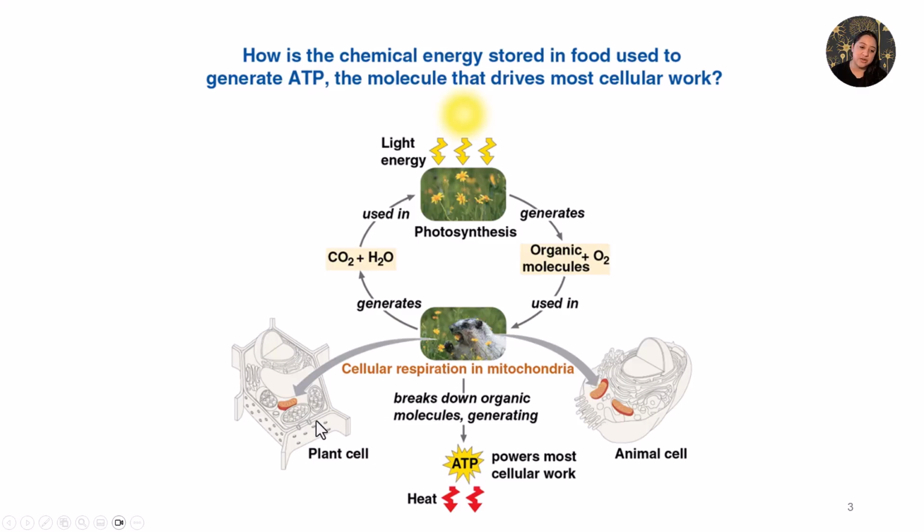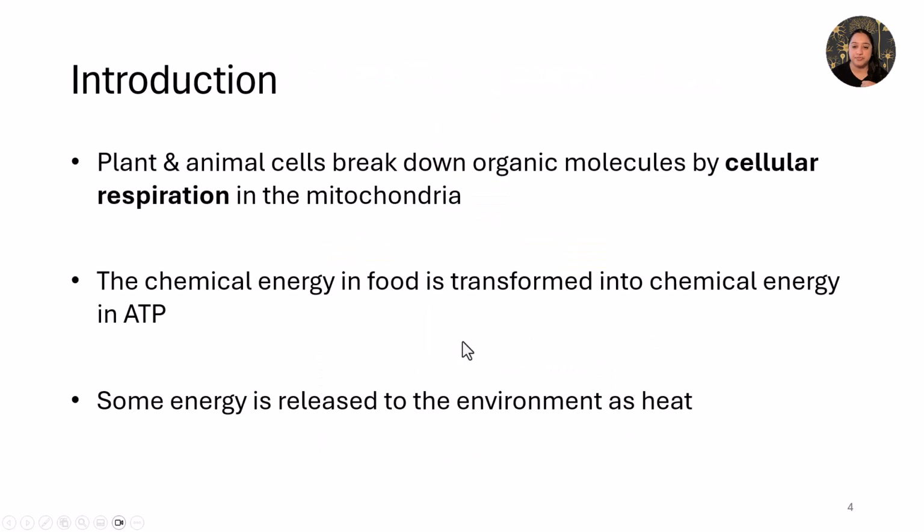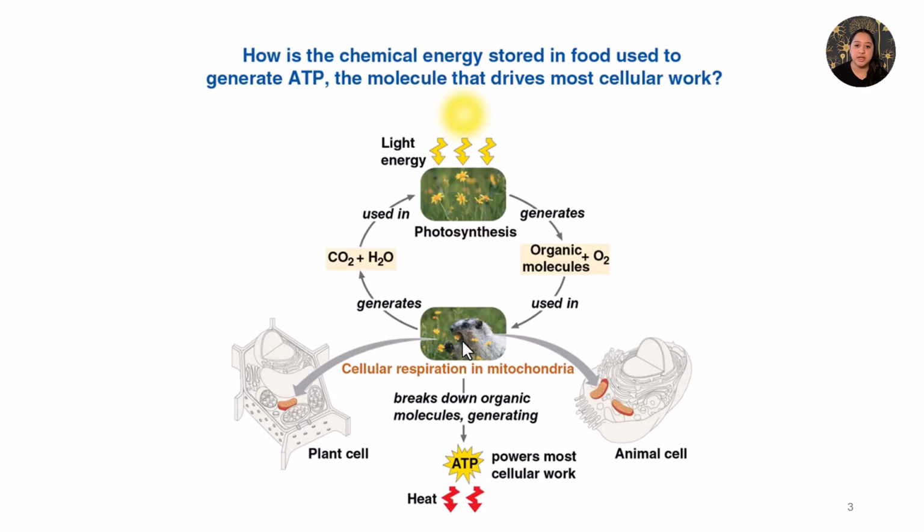And then plants also have mitochondria still, so they could build their energy and then use it. We can't build it on our own, so we get it from consuming other organisms. Yeah, I think we'll talk about that a little bit more next lecture. So cellular respiration is what we're focusing on today.